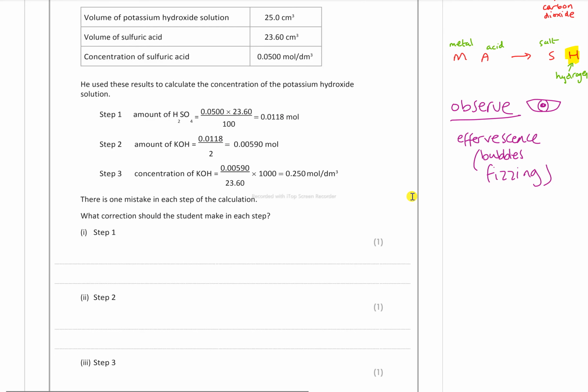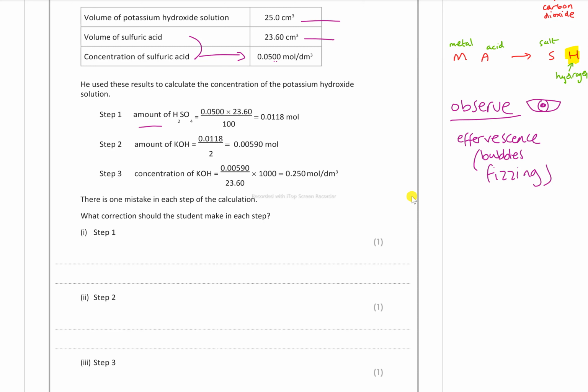Right, now this requires a bit of thought. Volume of potassium hydroxide is that, volume of sulfuric acid is that, concentration of sulfuric acid is 0.05 moles per decimeter cubed. They've added 2 extra zeros to show the accuracy.